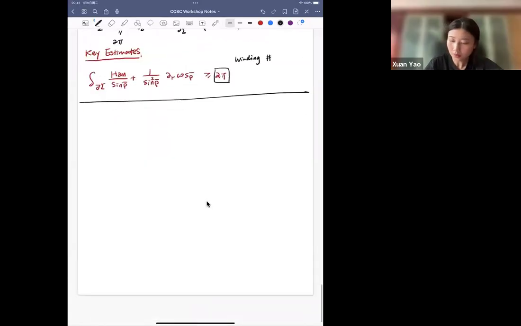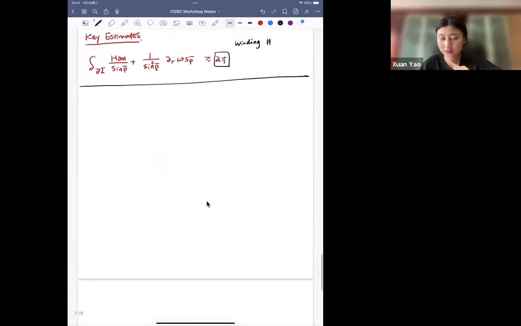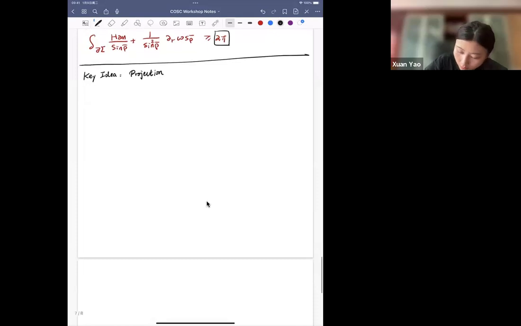So the key idea of getting this estimate is projection. So for any point on the boundary, we have the following lemma, which in our preprint is 3.1.